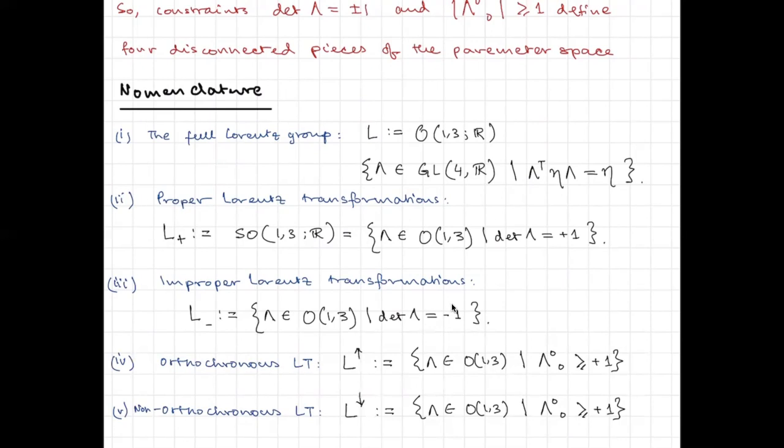And there, as we discussed, this is the other part of the group. So lambda naught naught is going to be less than or equal to -1.